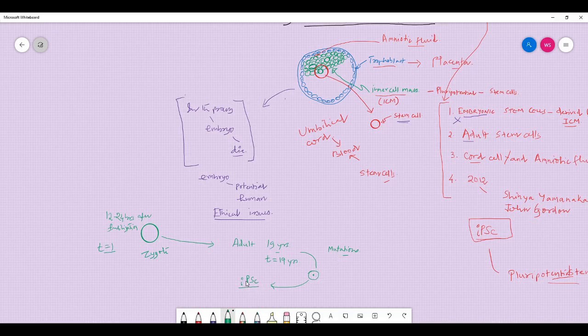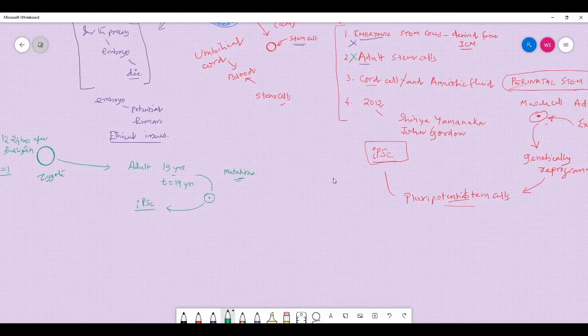And if we use it for any other purpose, what's going to happen? This stem cell is going to carry the mutations. So that is also a problem with adult stem cells.